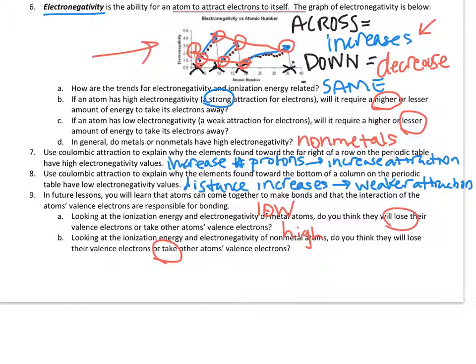So please use your periodic table and use the same thinking that we did in this video to figure out going across and down. And then you're going to be applying that knowledge in, given two atoms, which one's bigger? Given two atoms, which one is less electronegative? Given two atoms, which one has more ionization energy? So you're going to be A, discovering periodic table trends, and B, applying those periodic table trends.